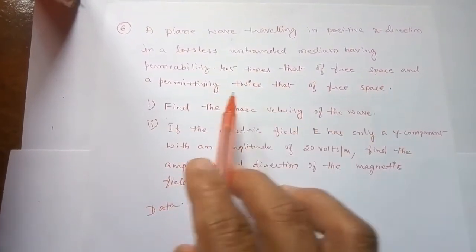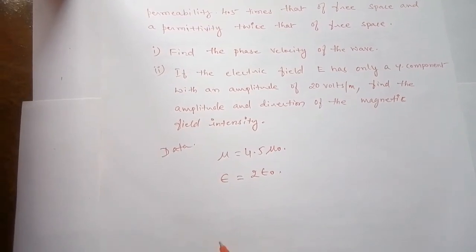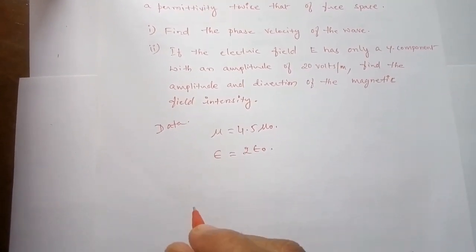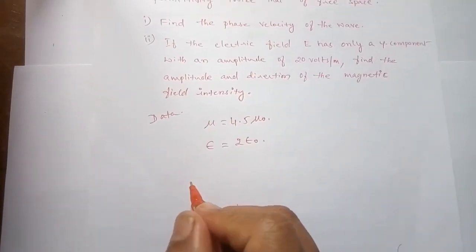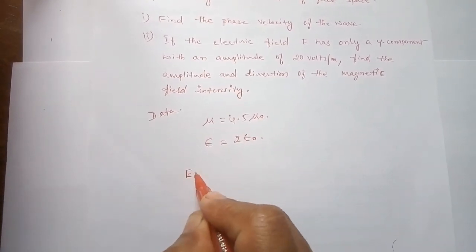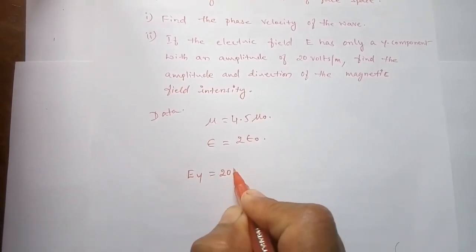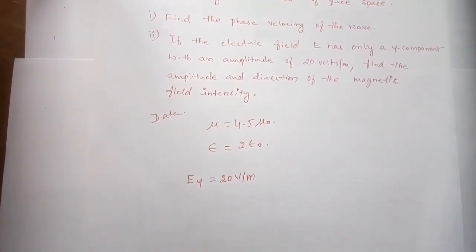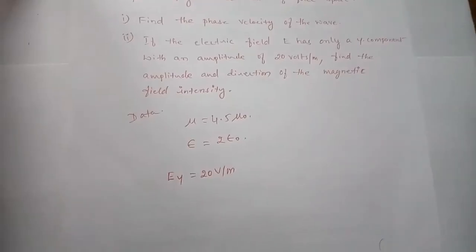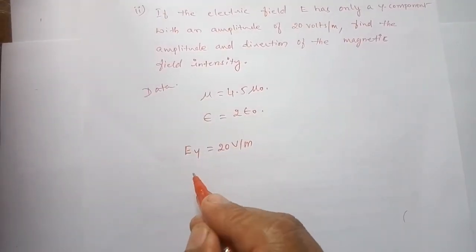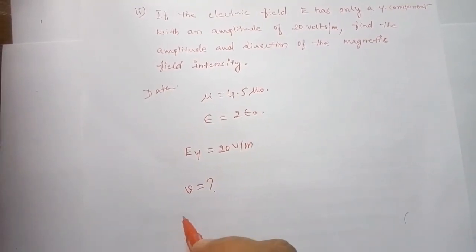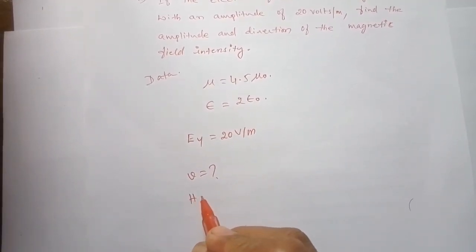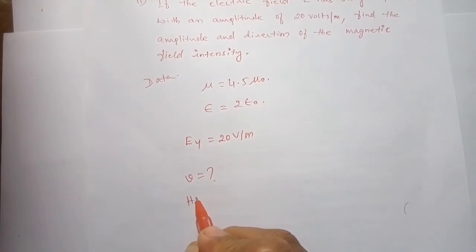Then it says the field has only a y component, that means Ey is equal to 20 volts per meter. That's the exact data given. So what is asked is to find the velocity v, and the amplitude and direction of the H vector.